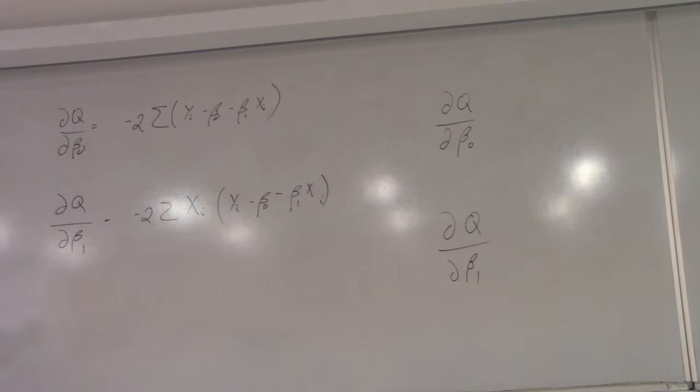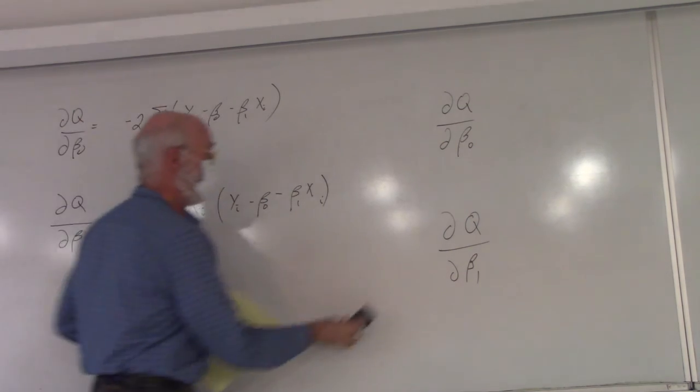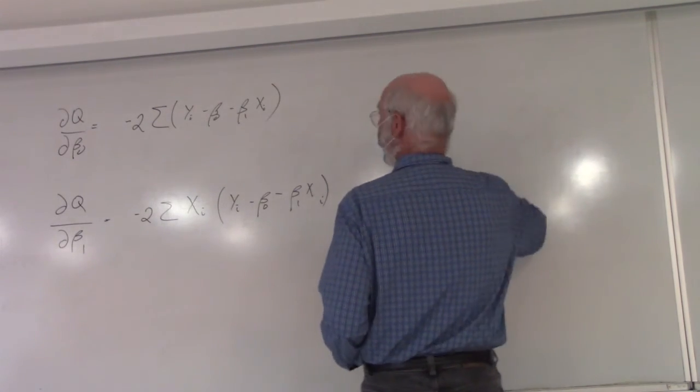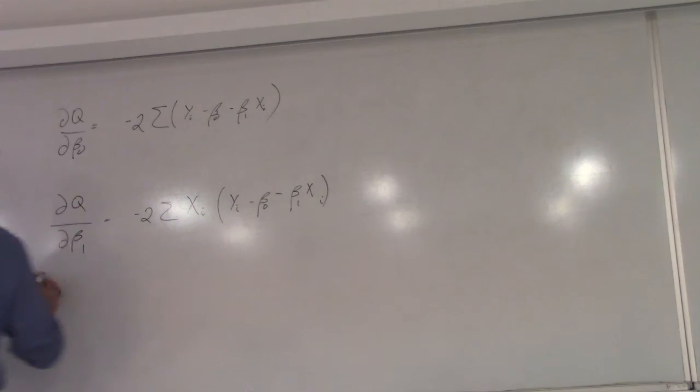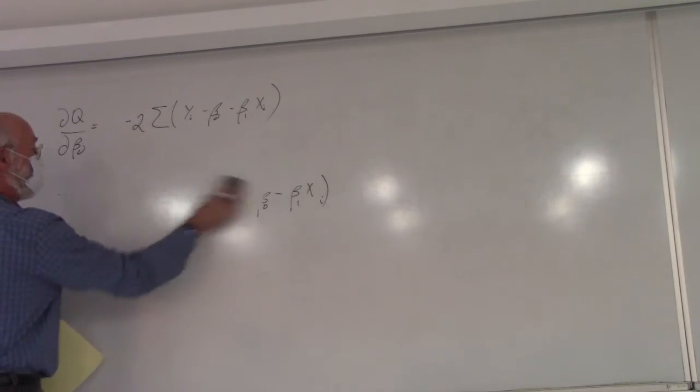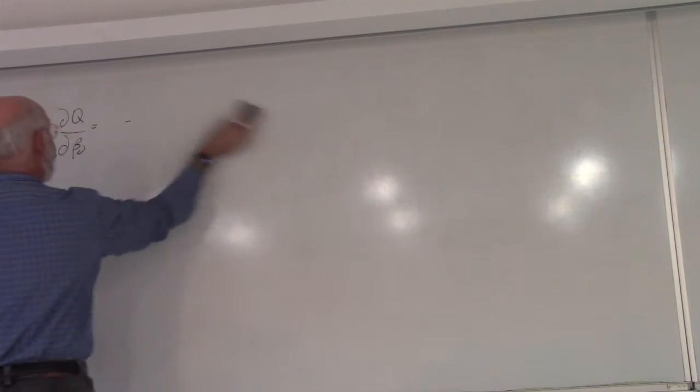Okay? I have a system of two equations in two unknowns. So I'm going to solve those two equations. These are known as the normal equations. I'm going to solve them. And when I do that, I get the following.